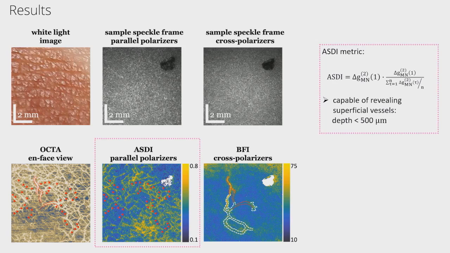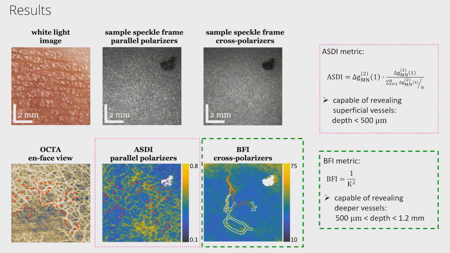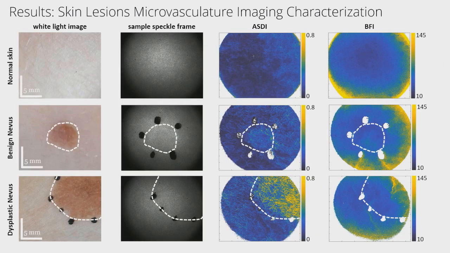The blood vessels that we can image with ASDI are up to around 500 microns deep, while the ones that we can evaluate with BFI are between 500 microns and 1.2 millimeters. And you can see highlighted in white vessels that are too deep to be imaged with OCTA, but that we can image with FASDA.